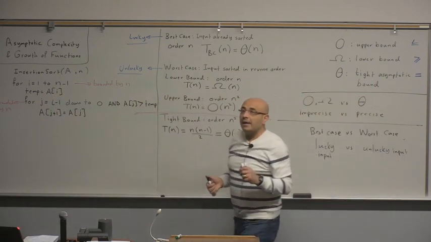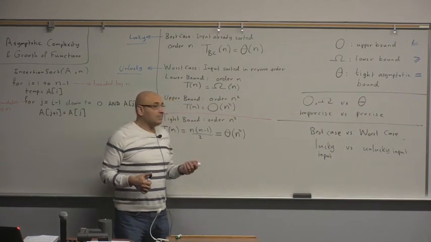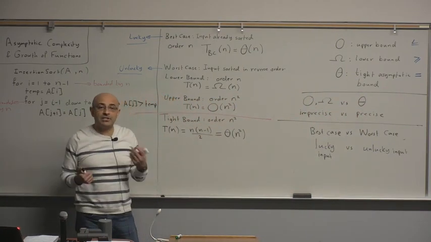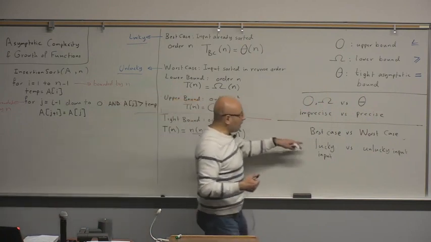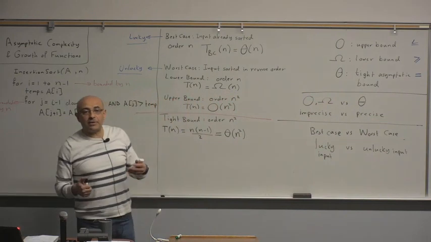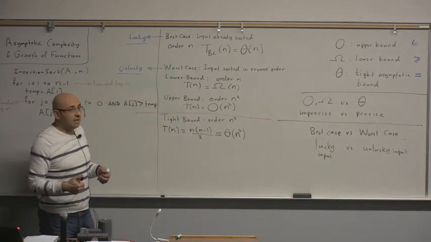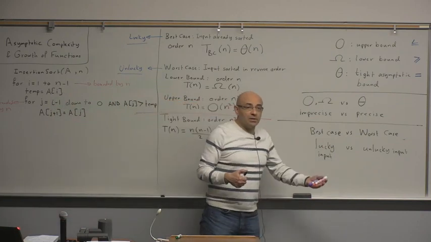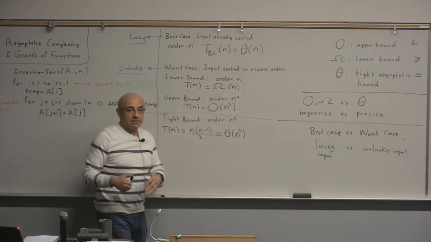Best case has nothing to do with the size. Best case versus worst case has to do with the structure of the input, the nature of the input, lucky or unlucky. Whether it's an input that the algorithm will be performing lots of operations on, or very few operations.